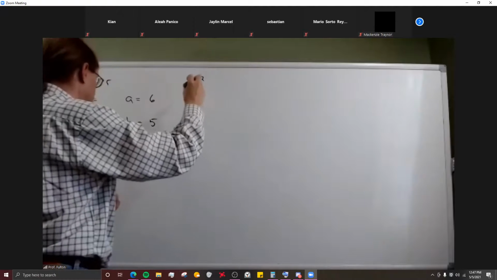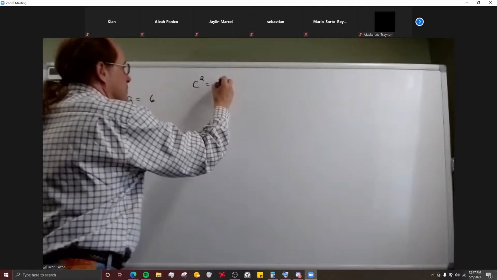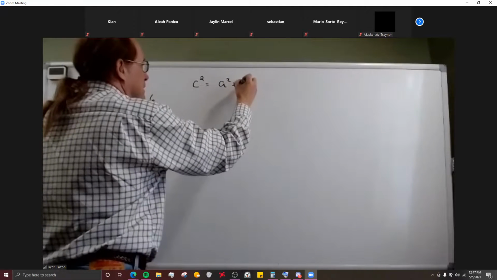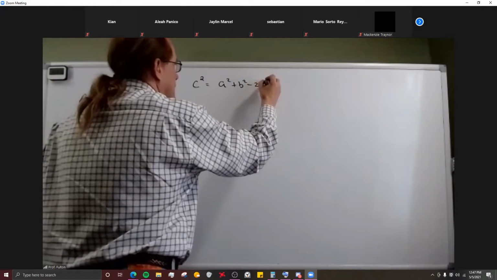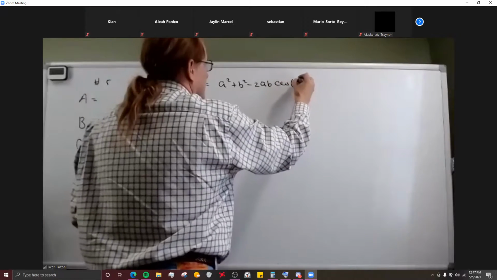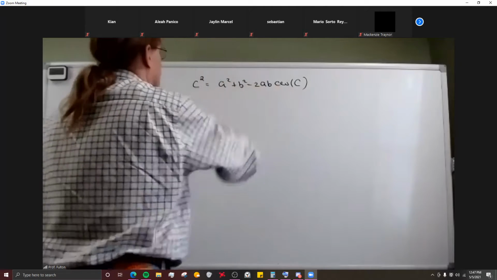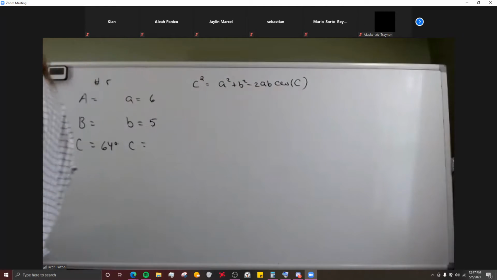I believe it's on the trig sheet, you can double check that. C squared is equal to A squared plus B squared minus 2AB cosine of angle C. So we can plug everything in and find our value of C.